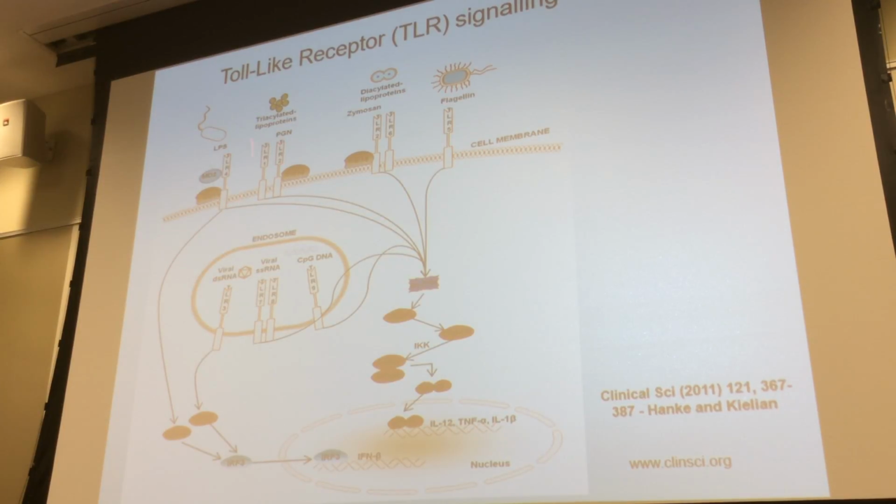about. So you can see here's a cell that has toll-like receptor 4 responding to lipopolysaccharides, toll-like receptors 1 and 2 responding to lipoproteins, and these others.